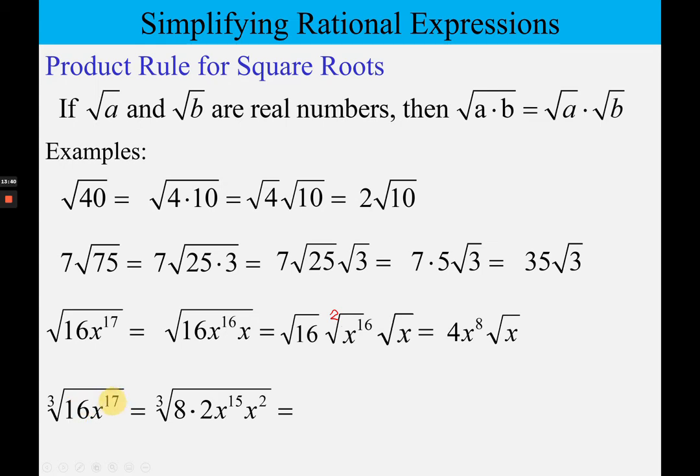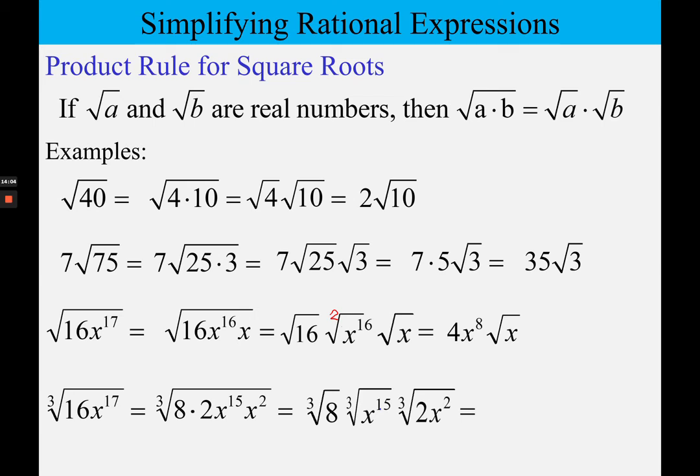For x to the 17, you take out x squared, separate it, because 15 is divisible by 3. So that when you apply your factoring, you separate the cube root of 8, the cube root of x to the 15, and then the non-factorable part is left together in one cube root, the 2x squared. That will not be simplified further.